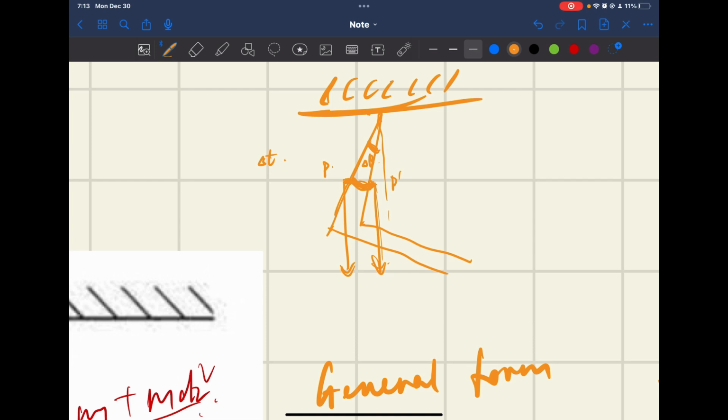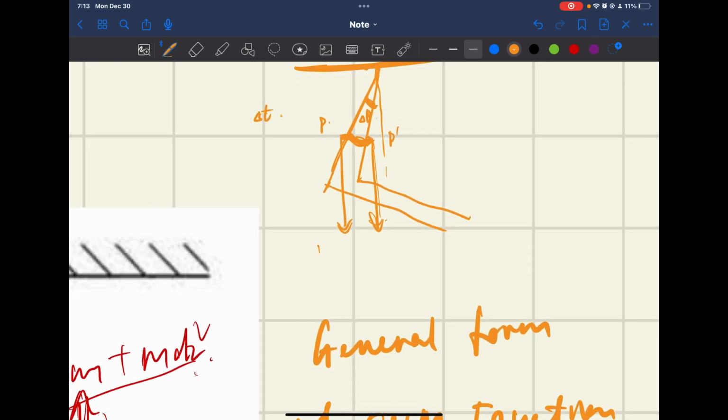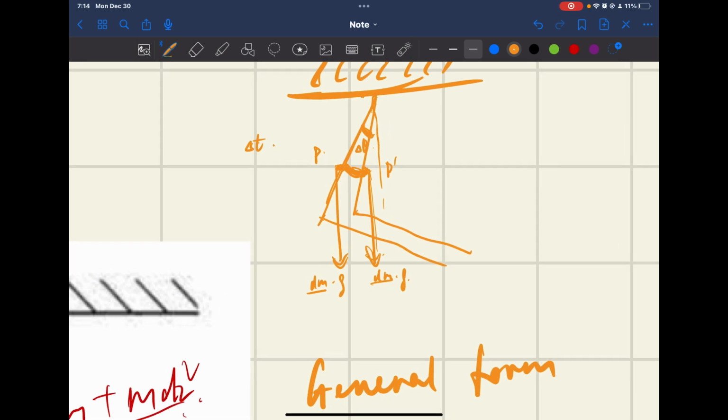It will receive a gravity force of dm times g, where dm is a tiny amount of mass.